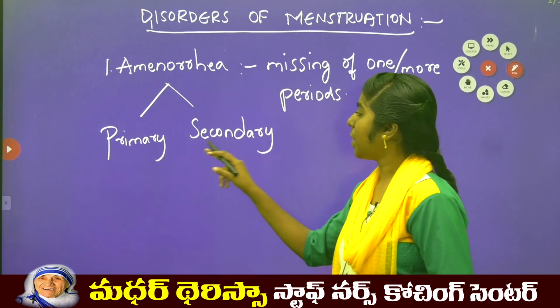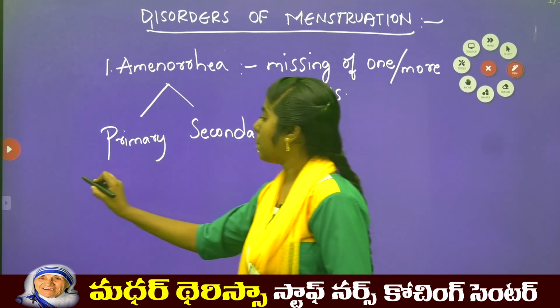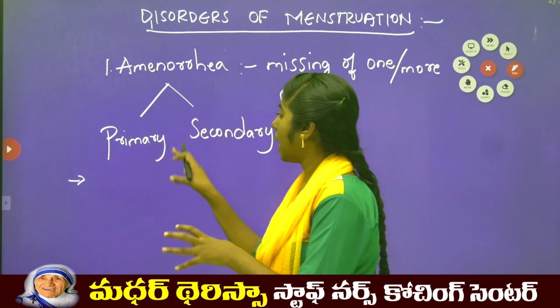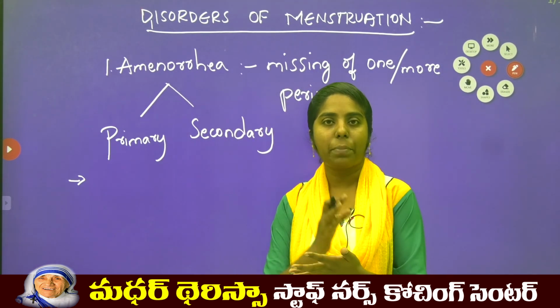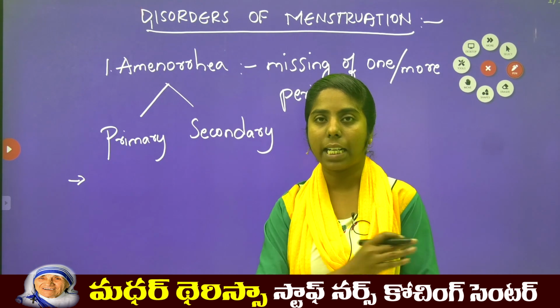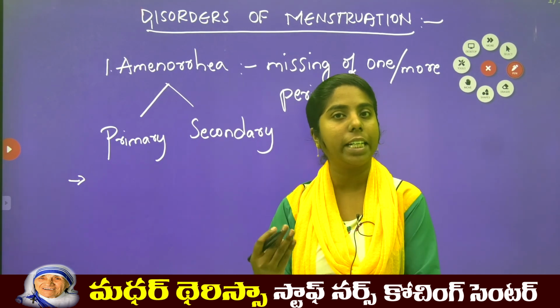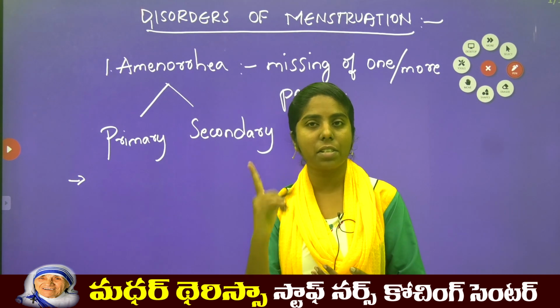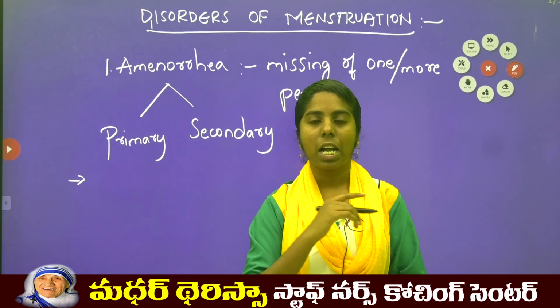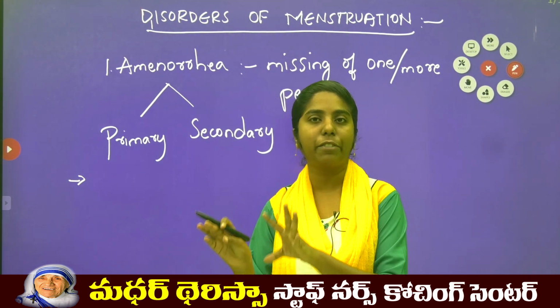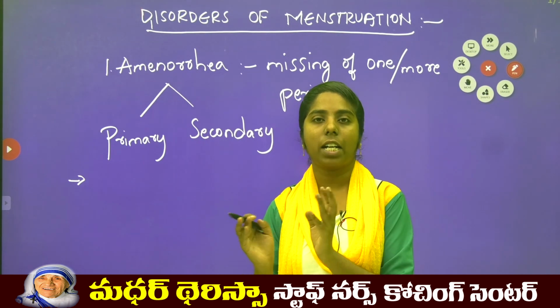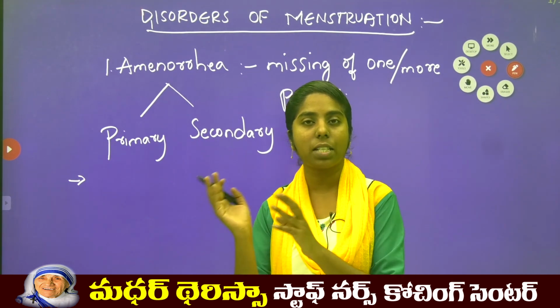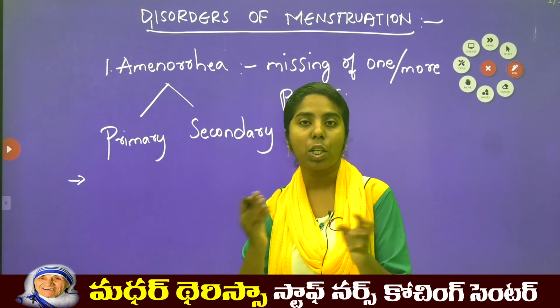One is primary, one is secondary. In primary amenorrhea, for example, a girl attains menarche, which is her puberty, the first menstrual period, at the age of 12. Normally menstruation begins at the age of 12 to 13.